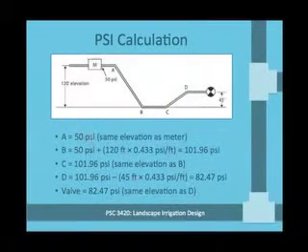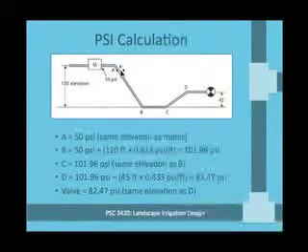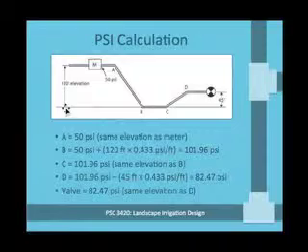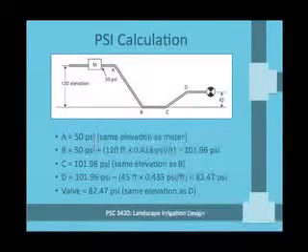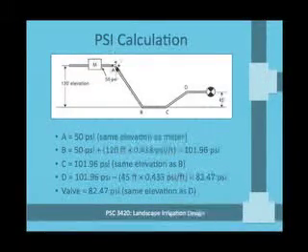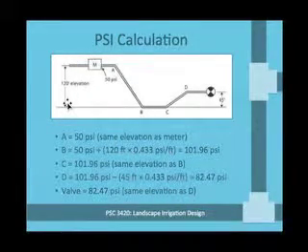Alright, so A is at the same elevation as the meter, so the pressure there is going to be 50 psi, just like at the meter. Now B, we can see here, is 120 feet lower than A. So we have our original 50 psi, but we're also getting an increase in pressure due to this change in elevation and the drop of the pipe down to B. So we know that's a 120-foot change.